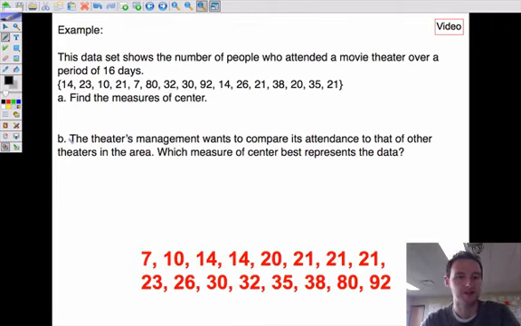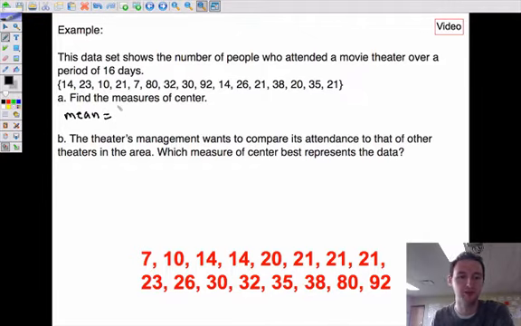So you've got those definitions down. Here's an example of a data set for the number of people who attended a movie theater over a period of 16 days. On day 1, there were 14 people there. Day 2, there were 23, and so on. Find the measures of center. We know how to find the mean: you just add up all of these values and divide by 16.